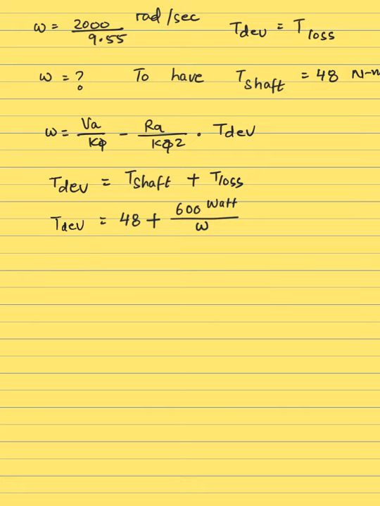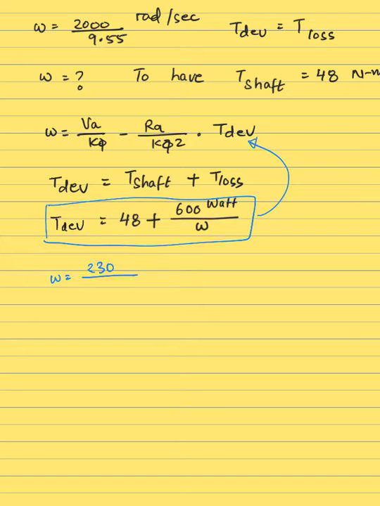Okay, and I can make use of this whole equation in here. Then I'm going to say omega equals VA, which is 230, over K phi, which we calculated as 1.095, minus RA, which is 0.25, divided by 1.095 squared, multiplied by this whole torque equation.